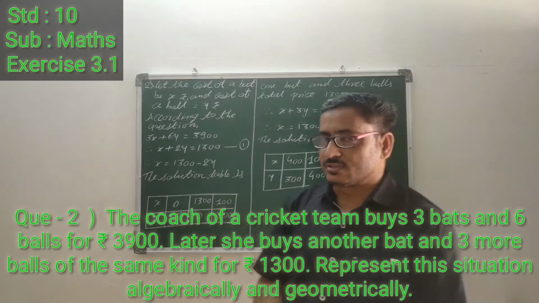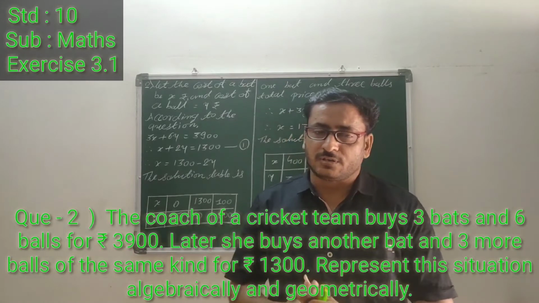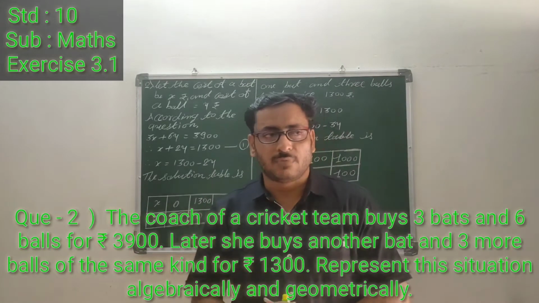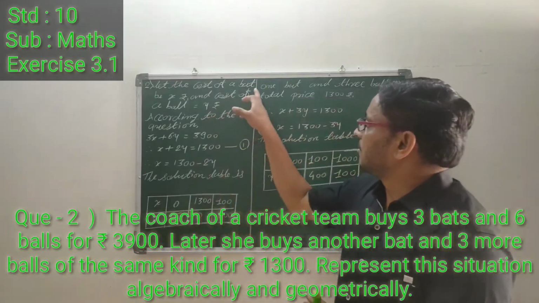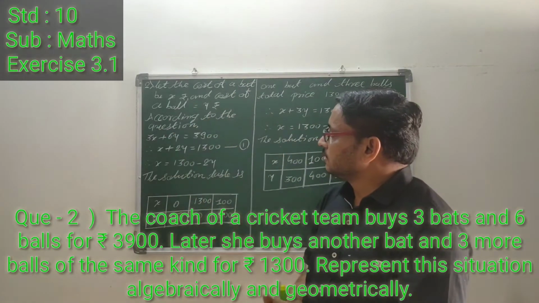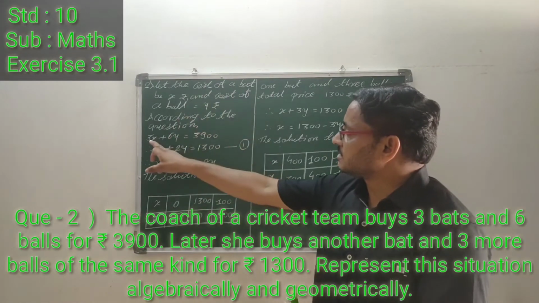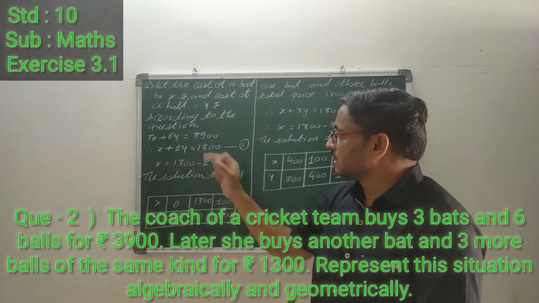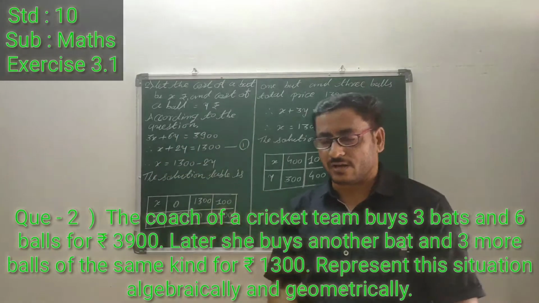According to the question, 3 bats means 3x and 6 balls means 6y. So the total cost is 3,900.